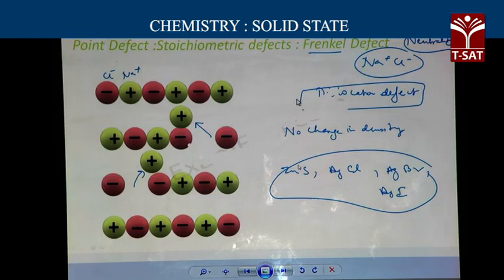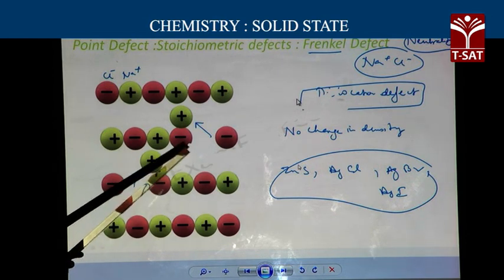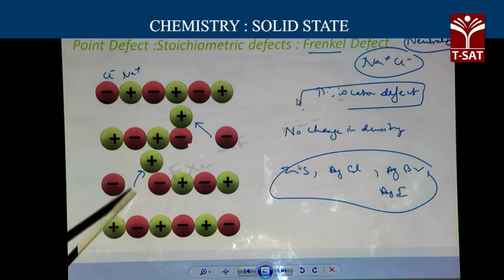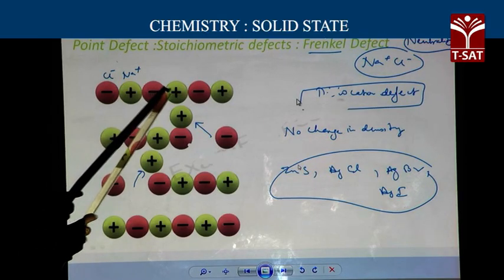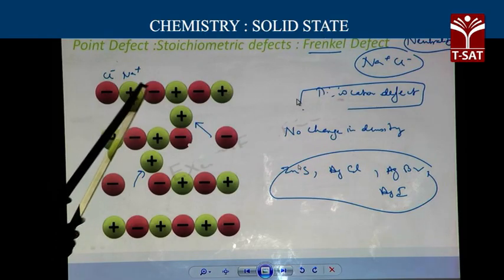Frenkel and Schottky defects. In the Frenkel defect, the defect arises due to displacement of spheres from their lattice points. That is called Frenkel defect. Here, regular arrangement is minus, plus, minus, plus.